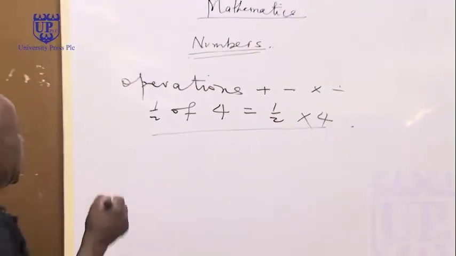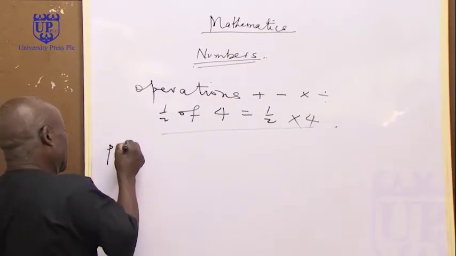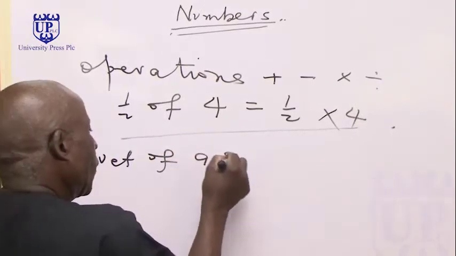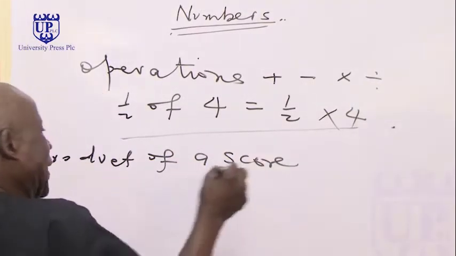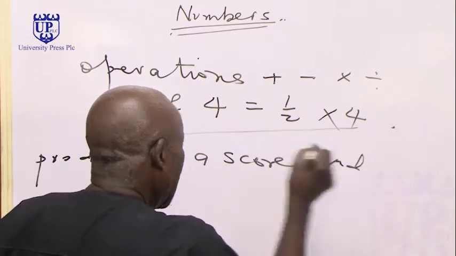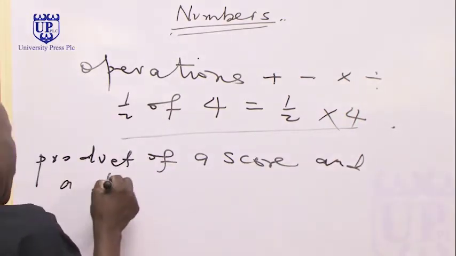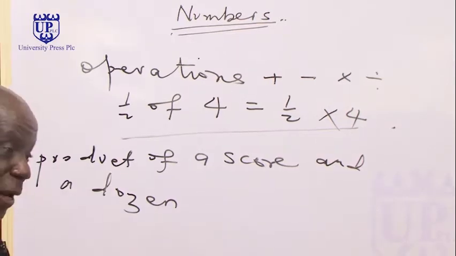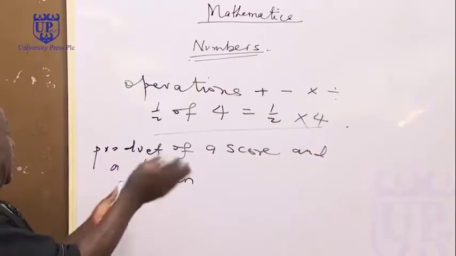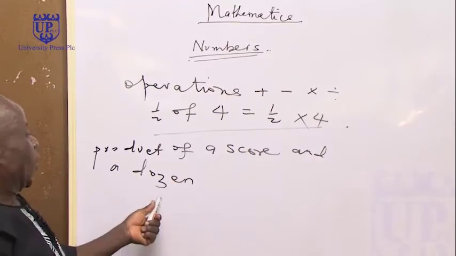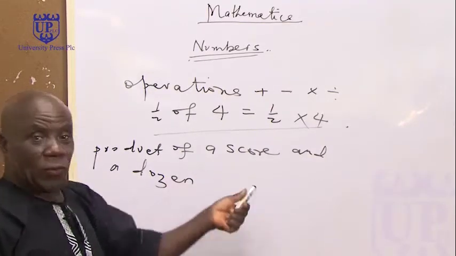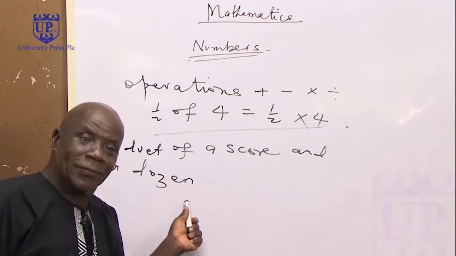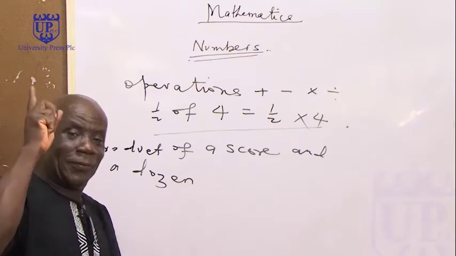If they ask you what is the product of a score and a dozen, if it is a theory paper, you should not just say the product of a score and a dozen is equal to this without stating what a score is and what a dozen is.